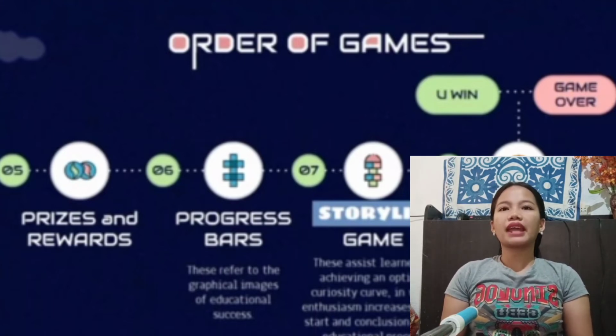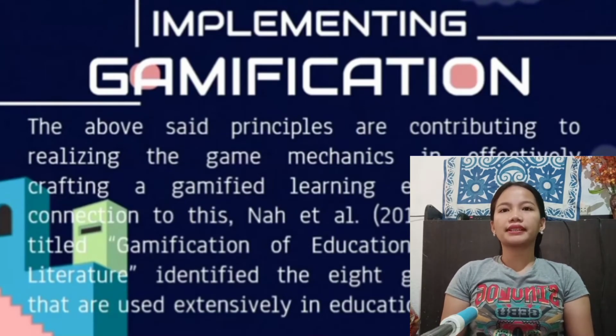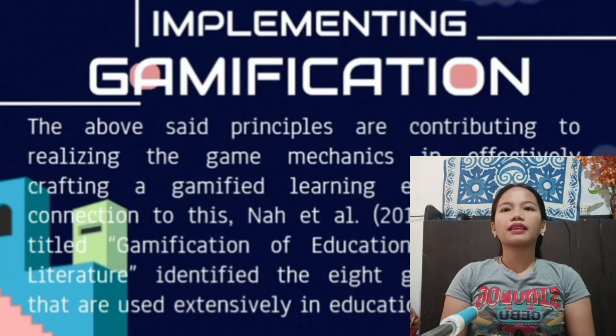Now, through this gamification in class, it requires the utilization of applications and educational games via computers and tablets. But the problem here is that we don't have enough gadgets and internet connection to do that.